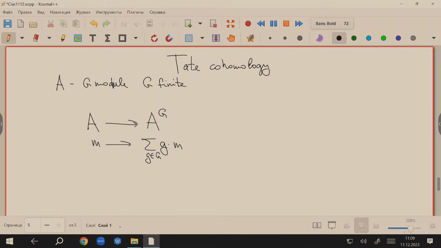But notice that this map can be factored.